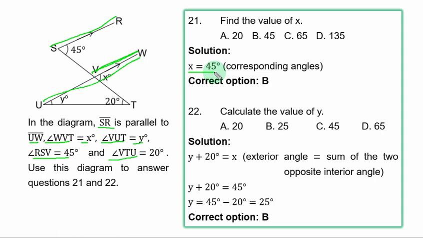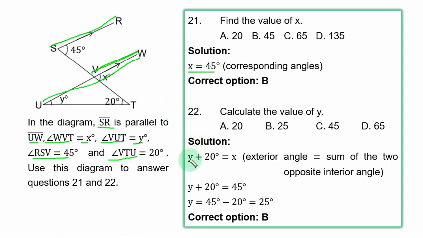Number 22, calculate the value of Y. If you look at triangle VUT, angle S is exterior to Y and 20, and the exterior angle is equal to the sum of the two opposite interior angles.